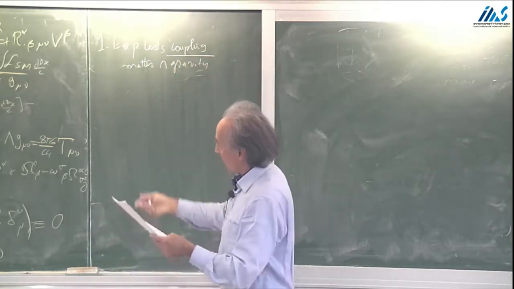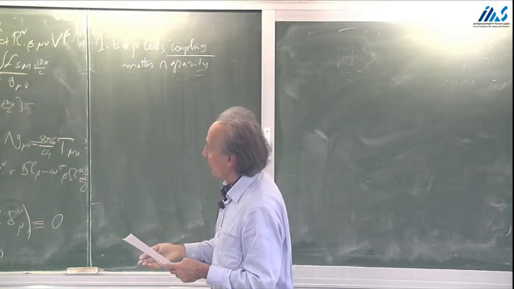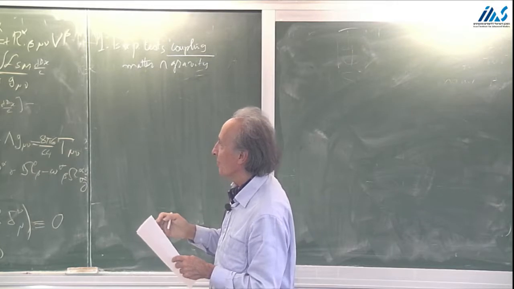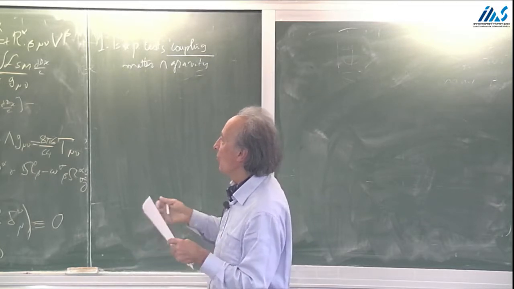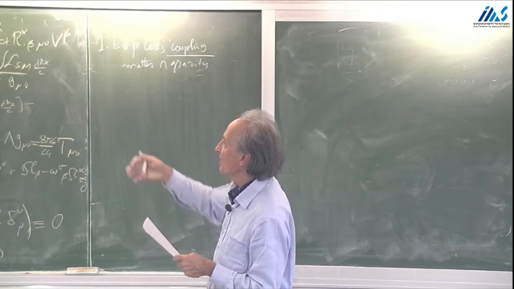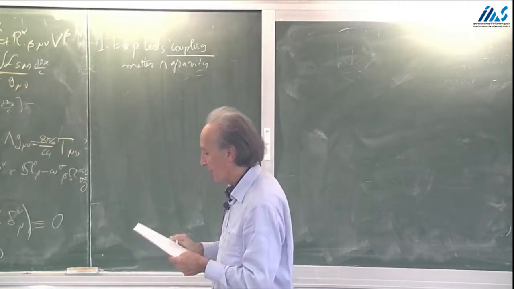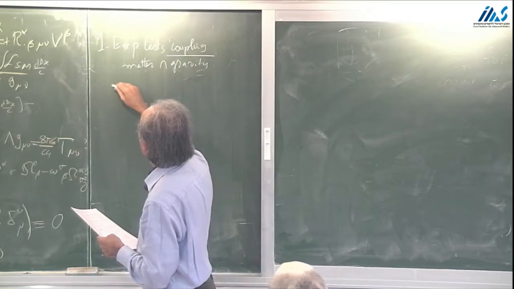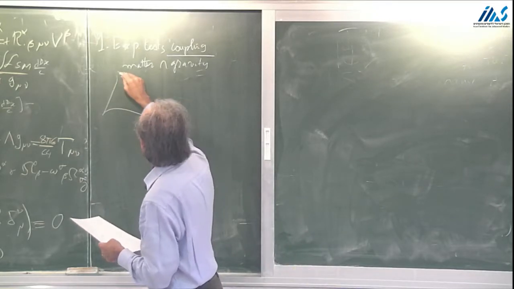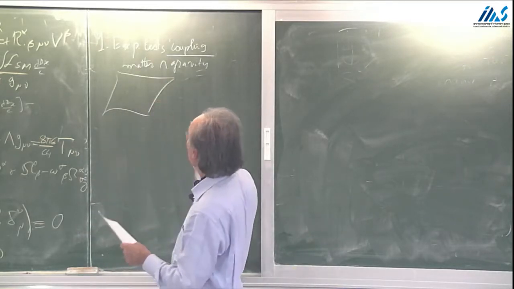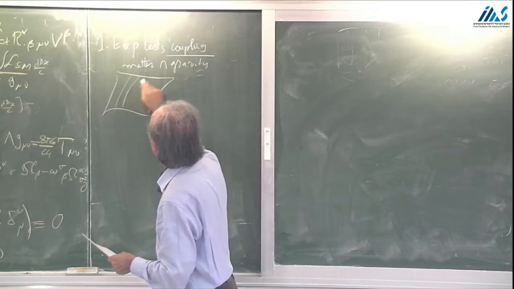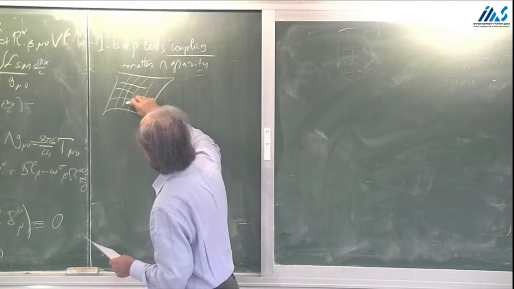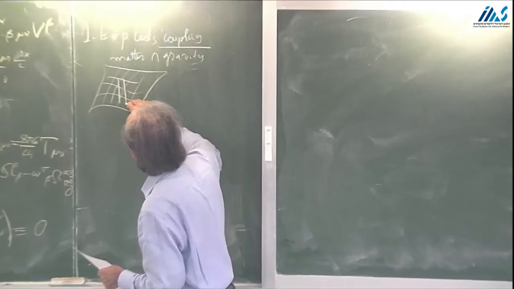Because a consequence of all the definitions of the last lecture, which was how to couple minimally to all the fields of the standard model a curved metric G mu nu, is a theorem which is originally due, I guess, to Riemann, which is that if you have a curved manifold, in general you can represent this curved manifold in arbitrary coordinates, but then locally around one point you may find better coordinates.